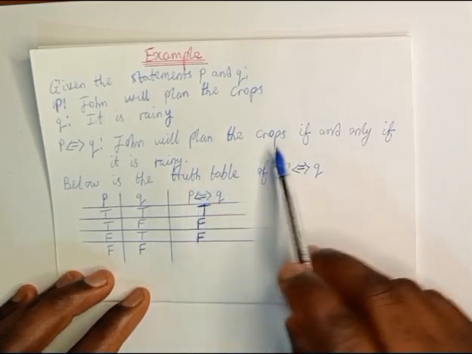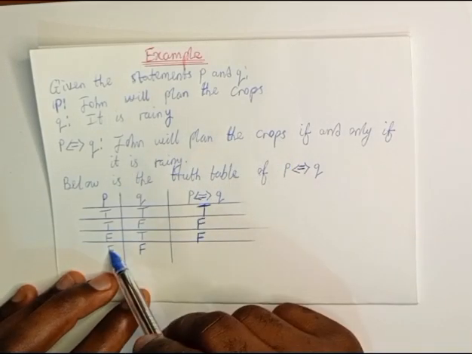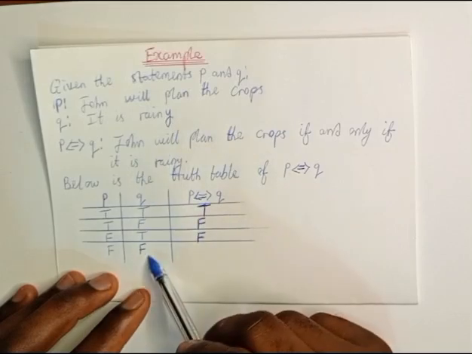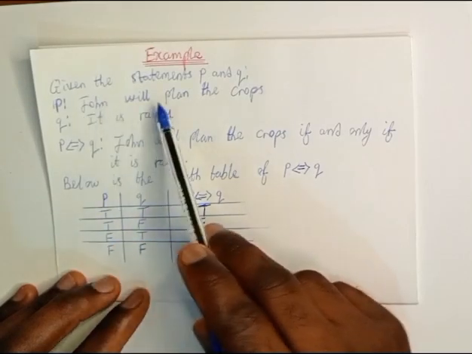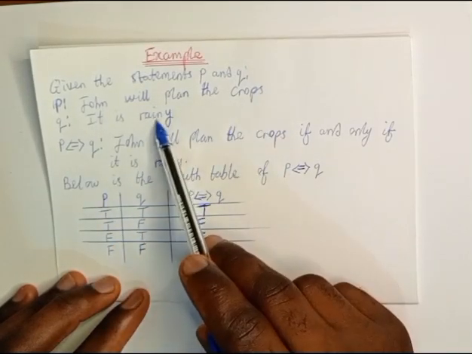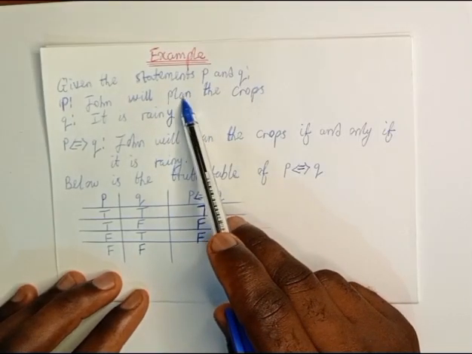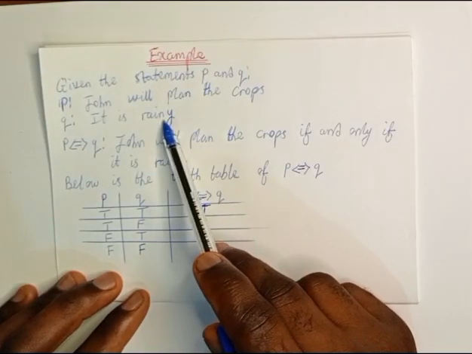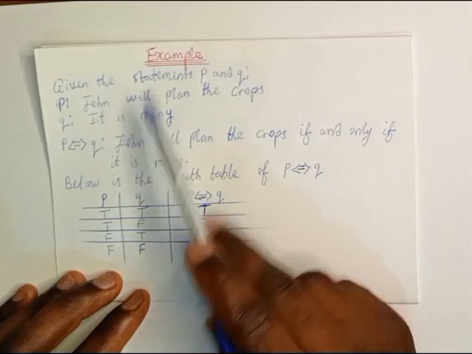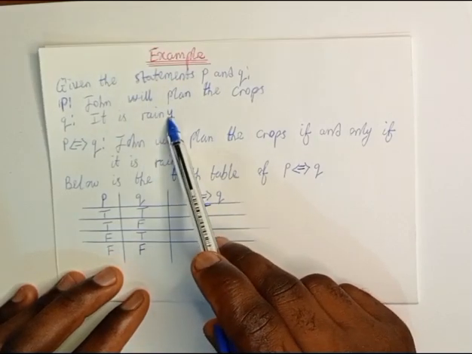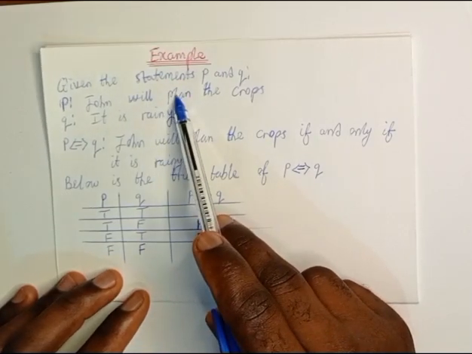The next, John will plant the crops, is false. It is raining is false. If John will plant the crops, then it is raining. A false hypothesis implying a false conclusion is true. Going backward, if it is raining, then John would plant the crops.